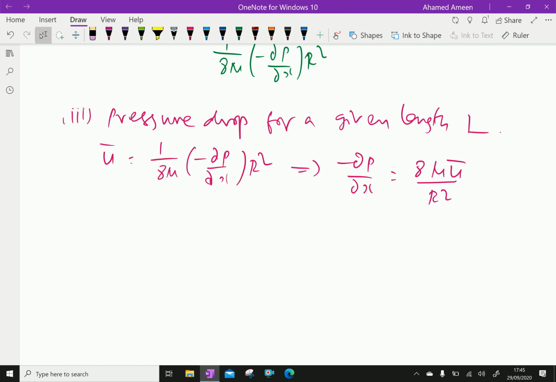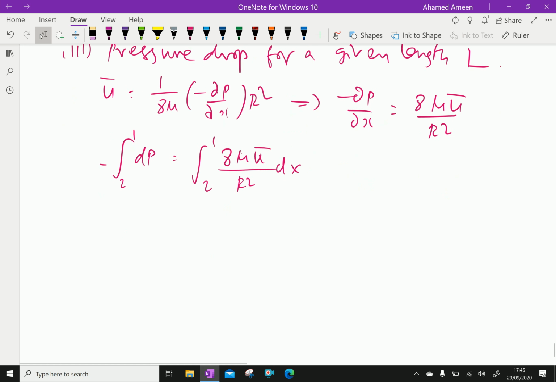Now integrating this equation with respect to x, minus integral, suppose from 2 to 1, the sections 1 and 2, that is dp equals integral 2 to 1 of 8 mu u bar over R squared dx.